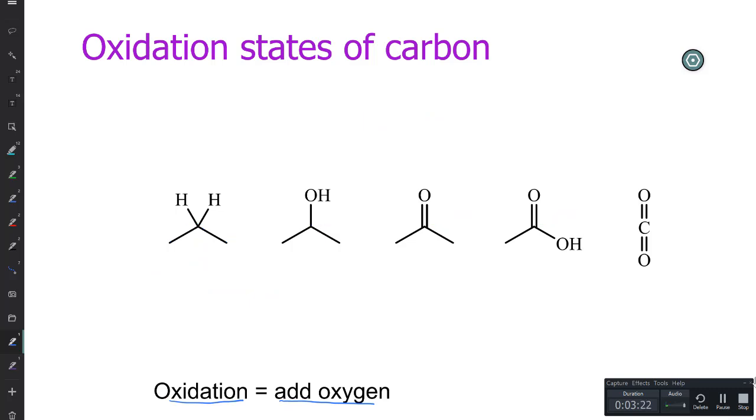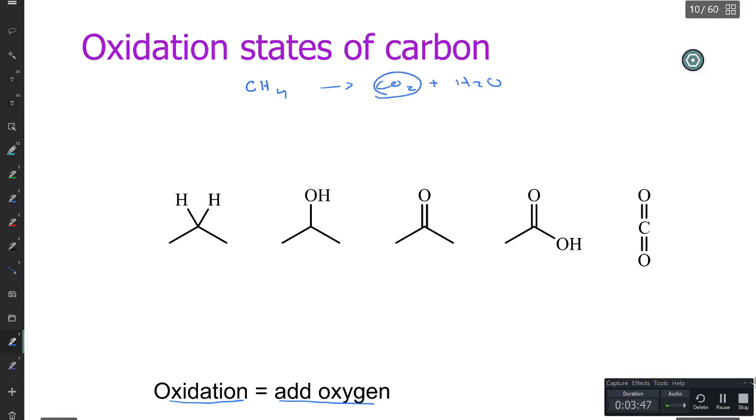Yeah, one of the things I thought it would be good to review is how you figure out what oxidation states are on carbon. So, in general, in organic chemistry, adding oxygen is oxidation. So, for example, if you take CH4 and you do a combustion reaction on it, you'll get CO2 and water, right?